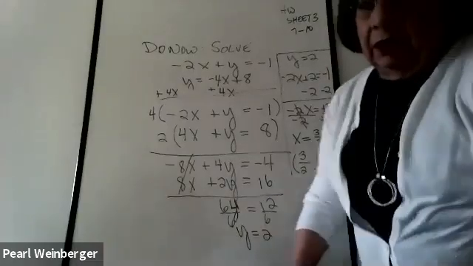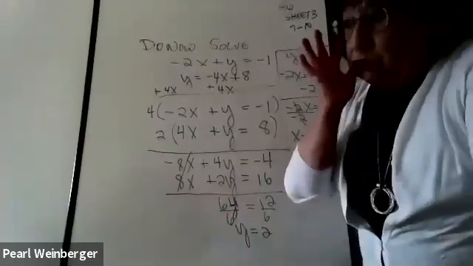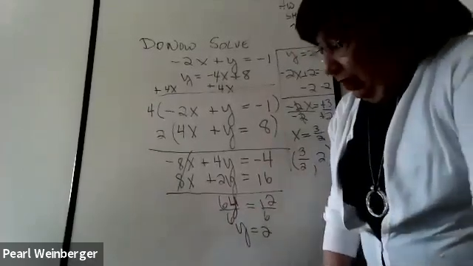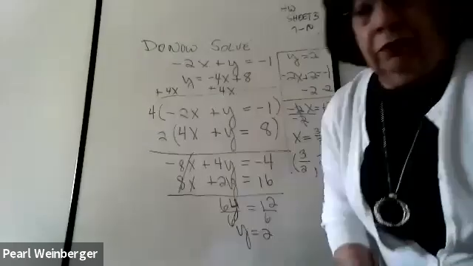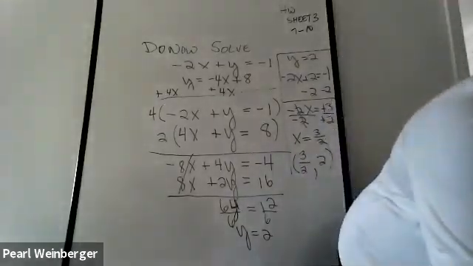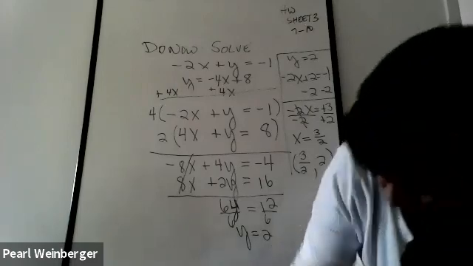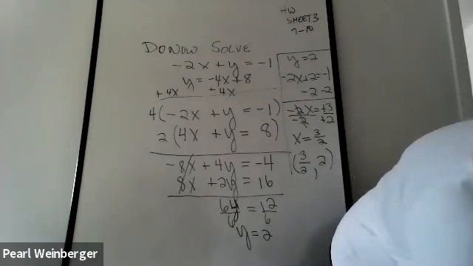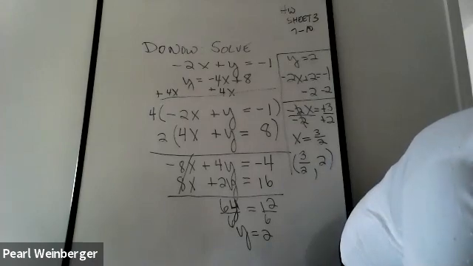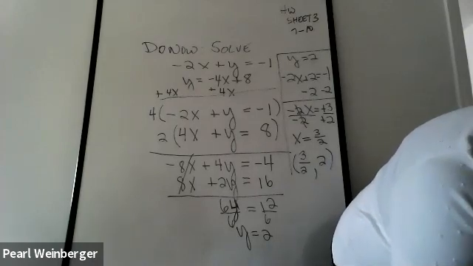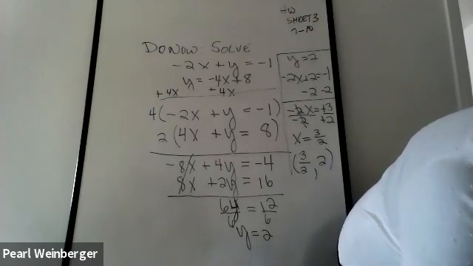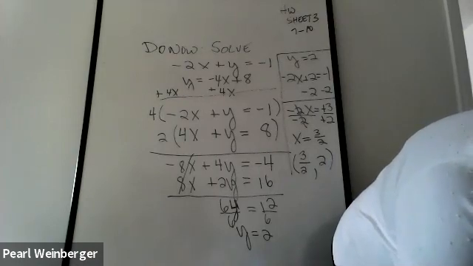Okay, so that is pretty much where we left off on Tuesday. And what I'd like to do now is go on to what's called applications of systems of equations.